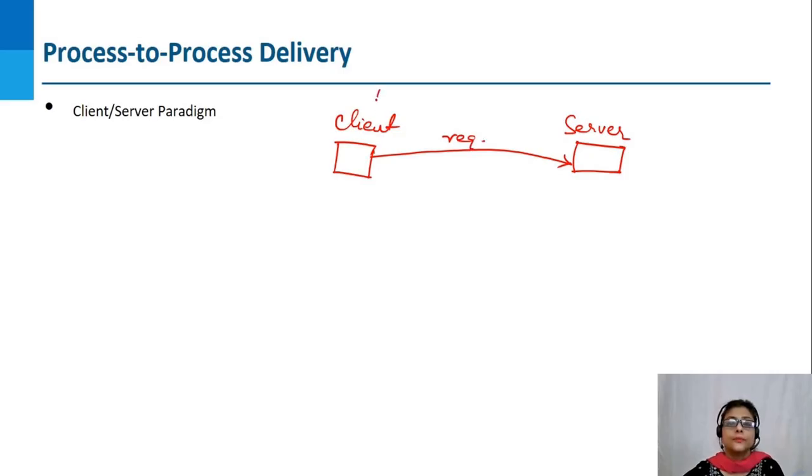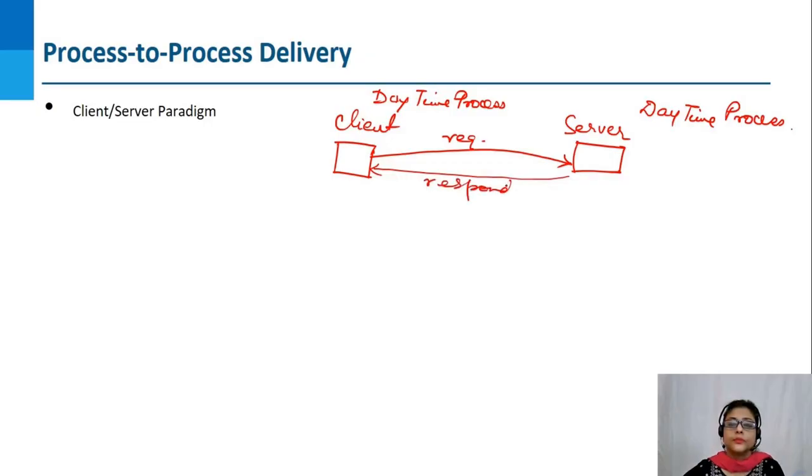So there is a daytime client process running at the client end, and the server, in receipt of this request, runs the daytime process at the server end, gets the result and responds to the client with the result. So this is the client-server paradigm.